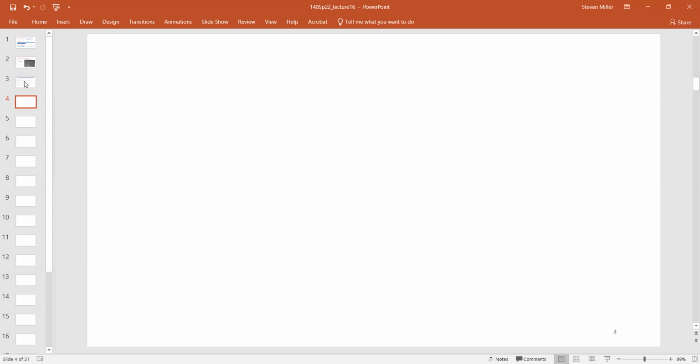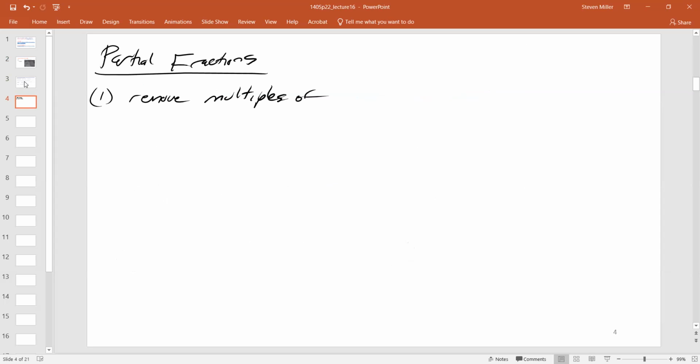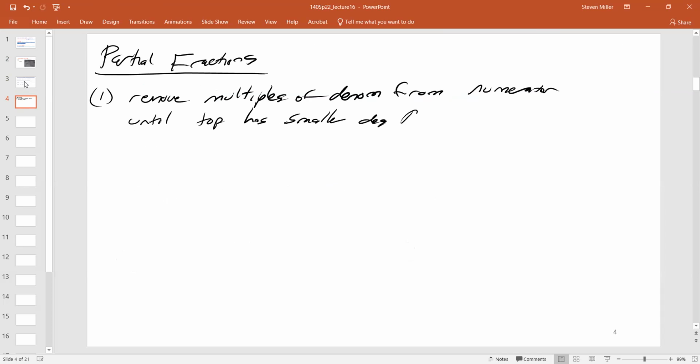So for partial fractions, we need a few things. One is to remove multiples of the denominator from the numerator until the top has smaller degree than the bottom.